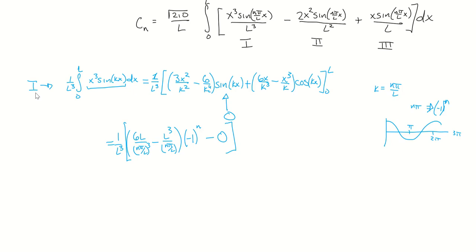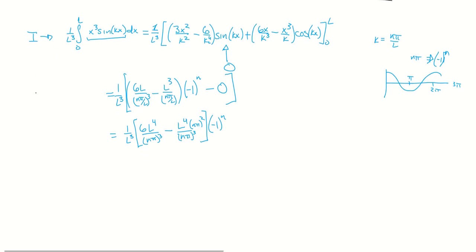All those terms out front are 0. So simplifying this, we end up with 1 over L cubed times 6L to the fourth over n pi cubed minus L to the fourth over n pi. And we'll just multiply that whole thing by n pi squared over n pi squared, so we have the common denominator, and this times (-1)^n.